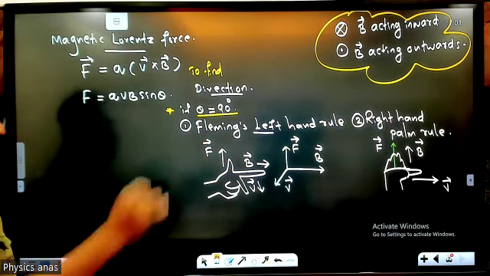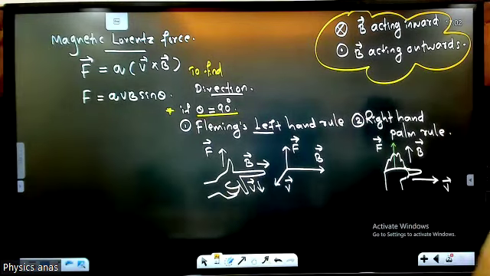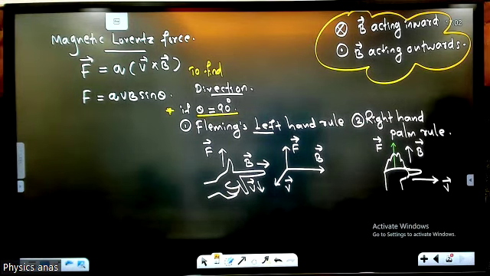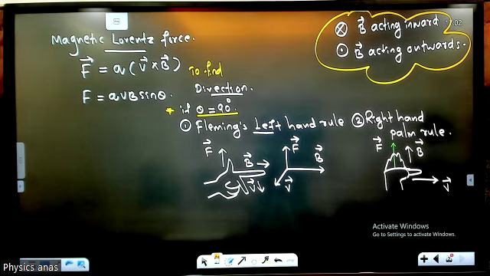Only if the theta or angle is 90 degree. The first is Fleming's left hand rule. The second one is right hand palm rule.